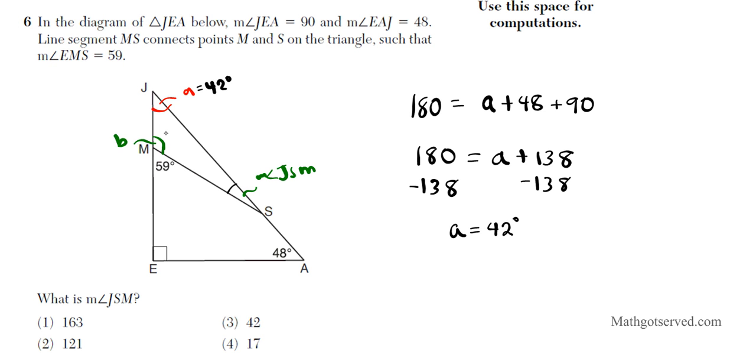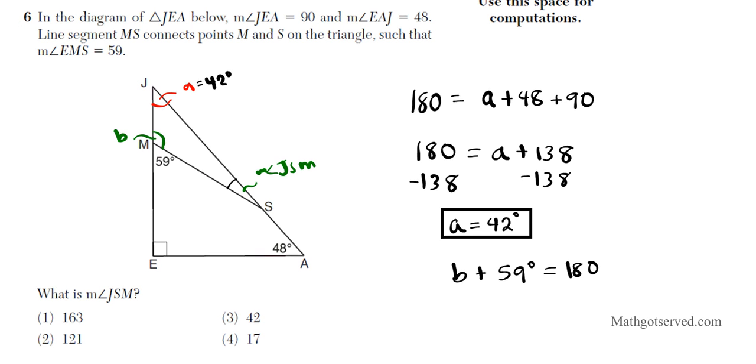All right, we need one more angle, so we can use the triangle angle sum theorem to figure out triangle JSM, okay? So I need to figure out angle B. Now, angle B is a linear pair with SME. So the measure of EMS is 59. So let me box this. To find angle B, using the linear pair postulate, I know that angle B plus 59 degrees form a linear pair, which is 180.